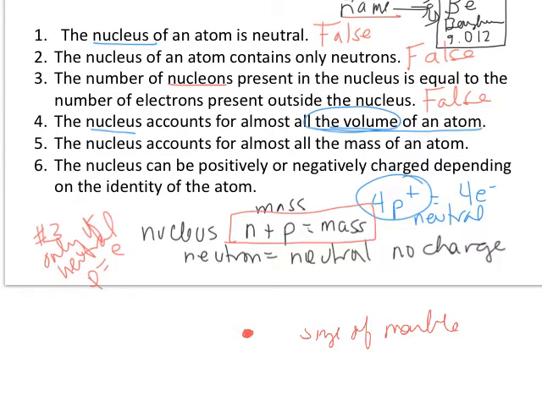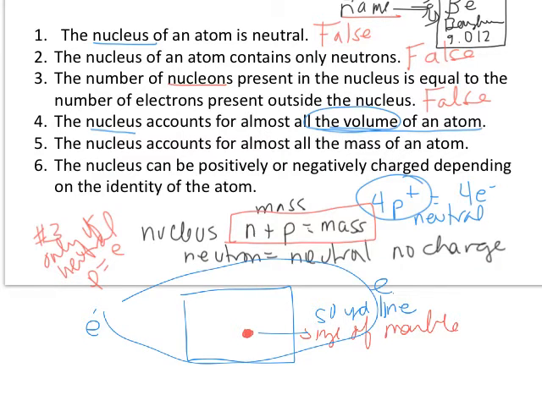And then outside, if you can imagine the Commonwealth Stadium, if this was the 50-yard line of the Commonwealth Stadium, your electrons are actually outside the stadium. So the volume is really this empty space here. So number 4, the nucleus accounts for a very little bit of the volume.